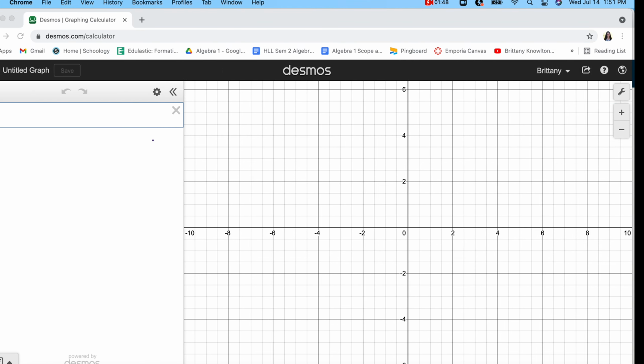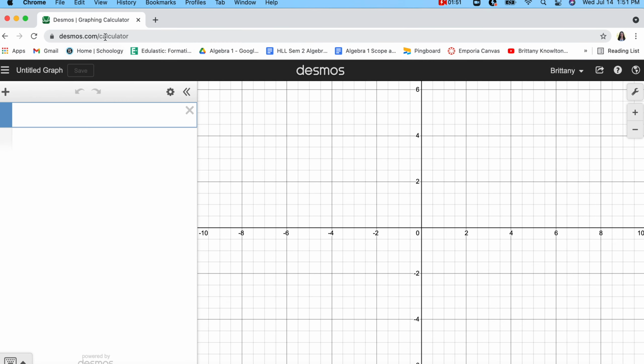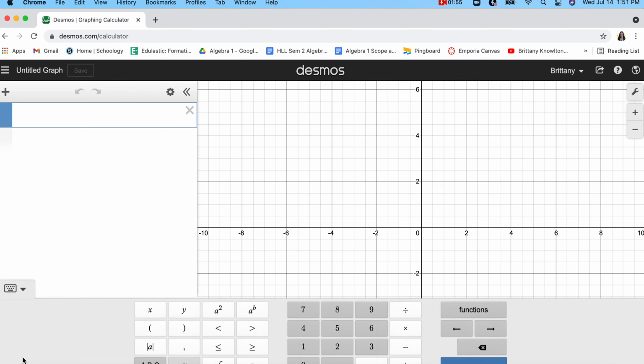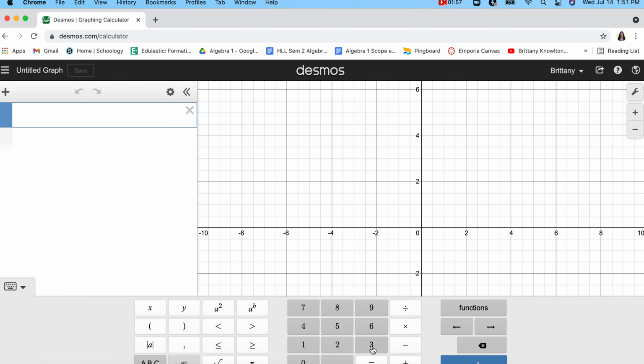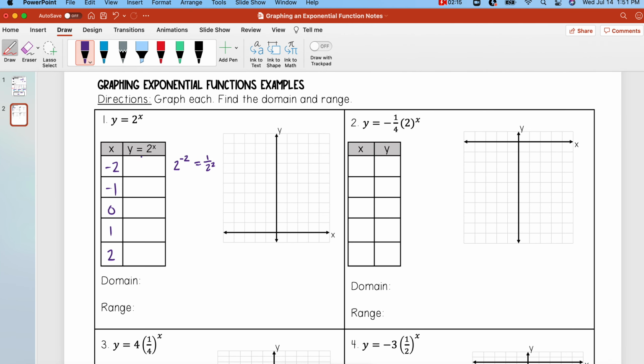To do that, you can go over to desmos.com/calculator, and if you click on this keyboard, you'll get some options. I wanted 2 to the -2nd power, so I click on 2, and then to get the exponent, you click on this a to the b button, and it goes up. I click -2, and I get that this is 0.25.